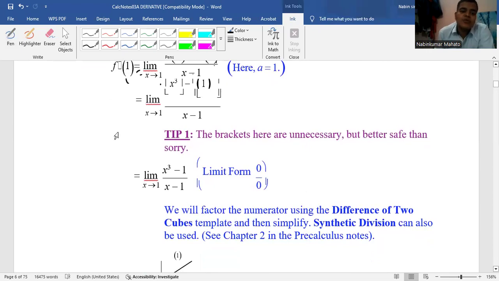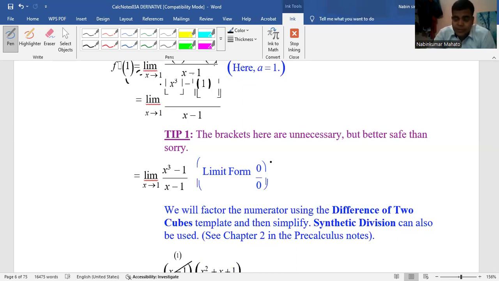Limit x tends to 1 of (x cube minus 1) by (x minus 1). When we substitute, the limit changes to 0 by 0. How is this an indeterminate form?